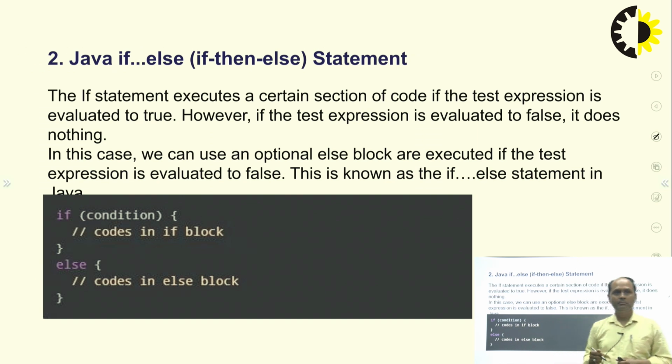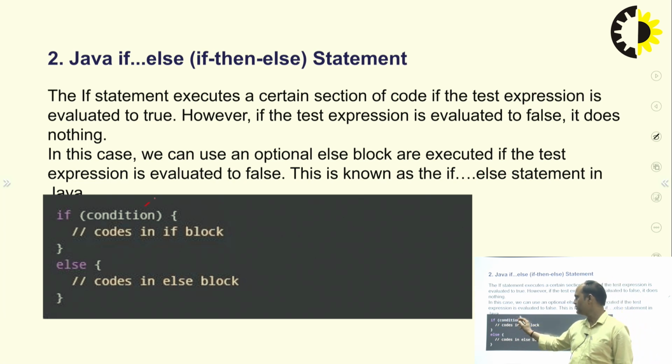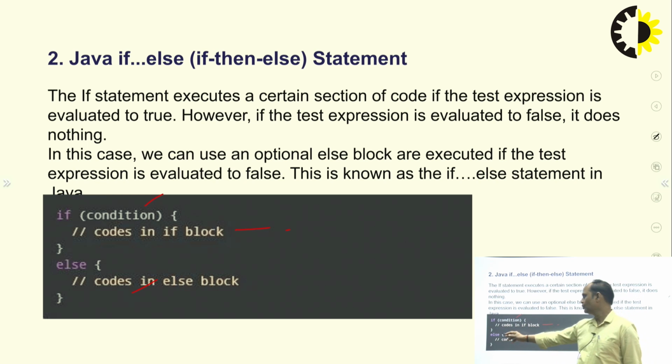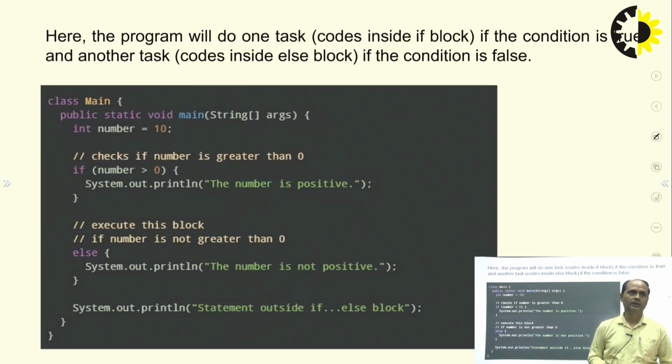This is the basic code block of the if-else statement: if with the condition, and else. Here we write the block of code to execute in the if, and if we want something to execute in the else block, we write it in that block.